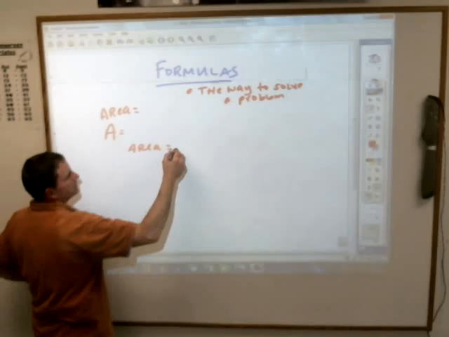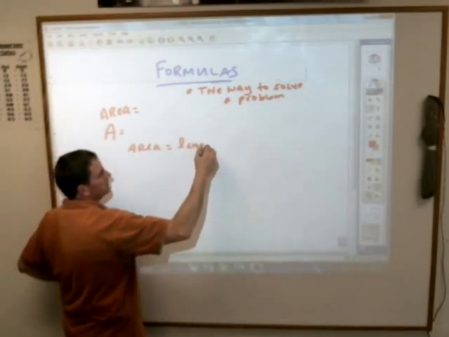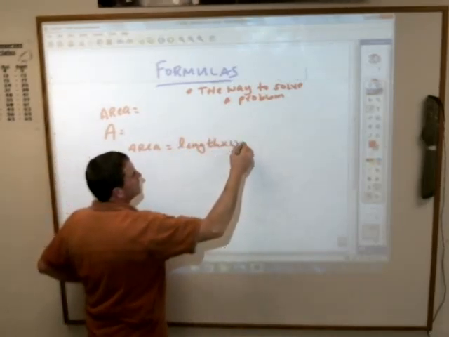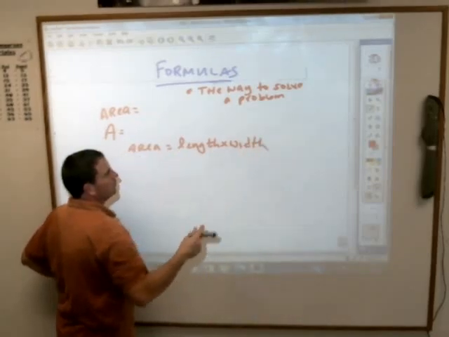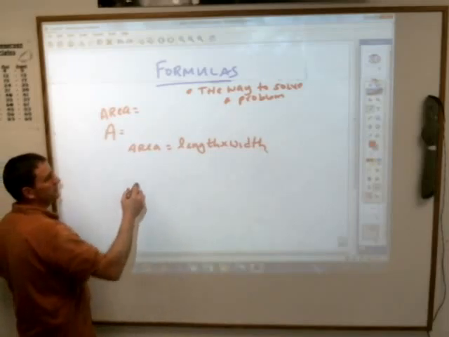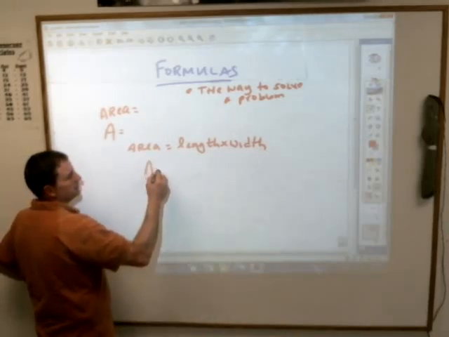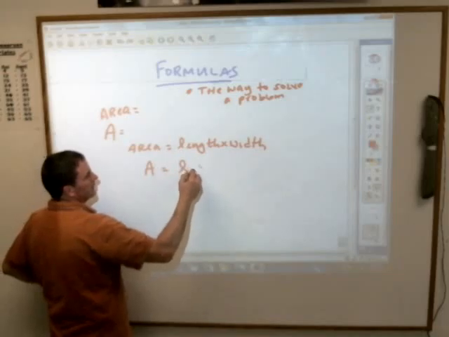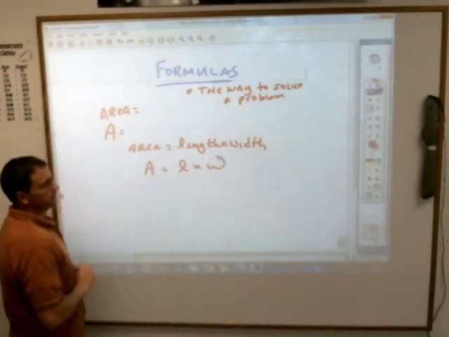Area equals length times what? Times width. But rather than writing out the long words, the math people like to make your world a little bit easier. They just go area equals L times W.